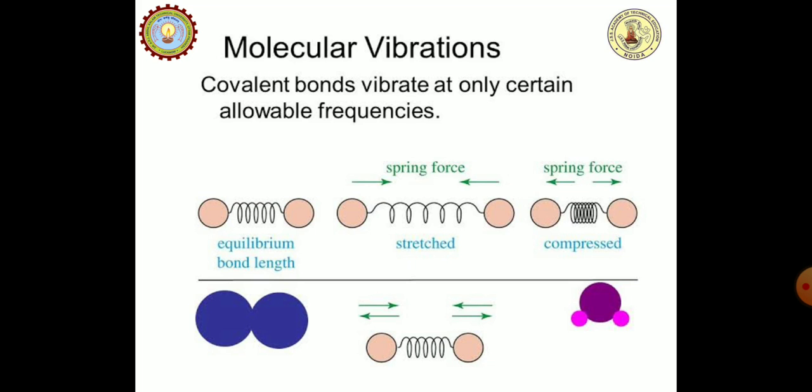the covalent bond between the atoms present in a molecule will absorb external energy, it will absorb infrared radiation, only when the applied infrared frequency is equal to the natural vibrating frequency.